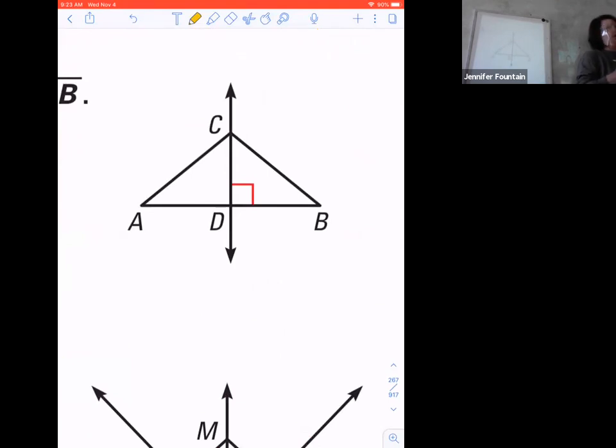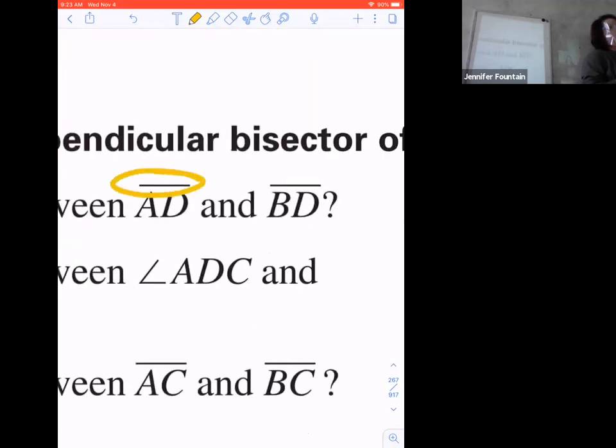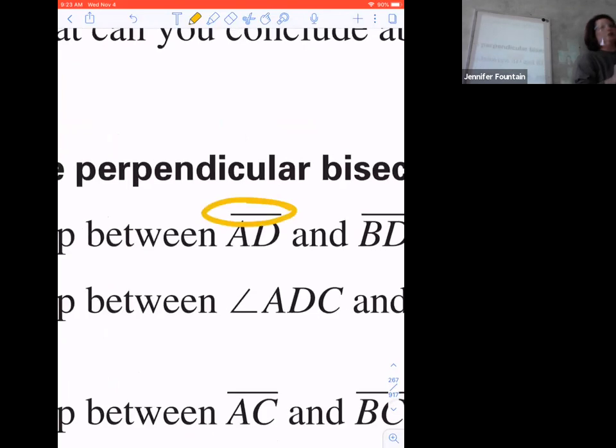Now, notice what it's asking us. What does this symbol right here mean? Line. Okay, remember, if it has arrows, it's a line. If it has just a line like that with no arrows, it's a segment. We'll come back to this in a minute. Go ahead and take a break.